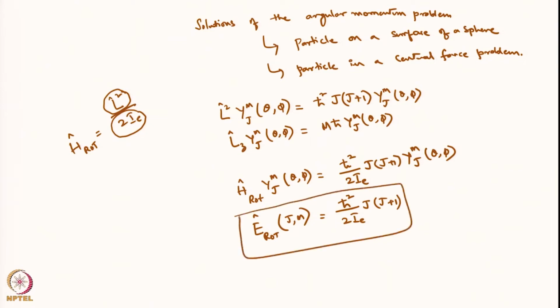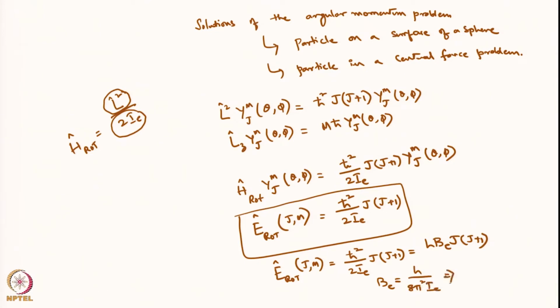This E rotation is sometimes also written as E rotation Jm is equal to h bar square by 2IE j into j plus 1, or equal to h times Be j into j plus 1, where Be is given by h by 8 pi square IE, and this is called the rotational constant.